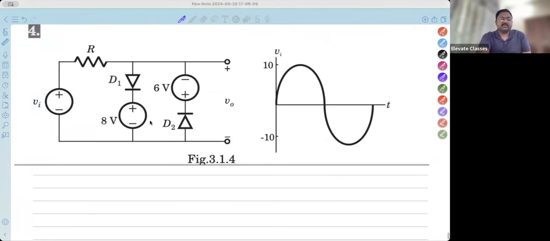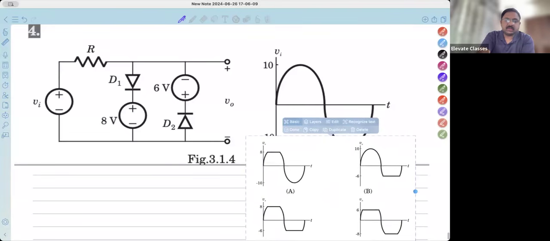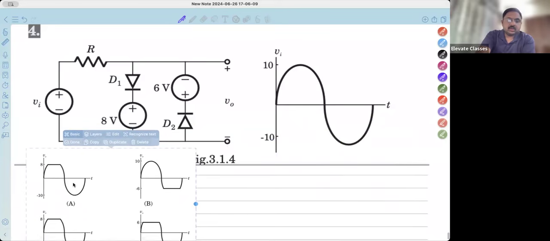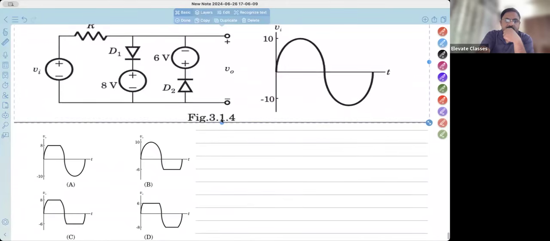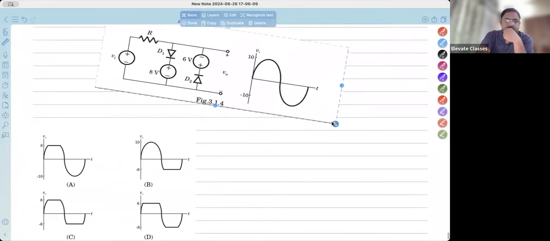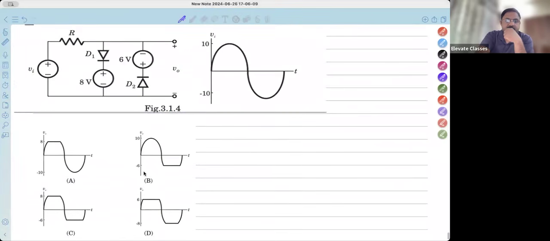Oh, 1 minute. I didn't give you the options. Anyways, the options are not super important, but still, I'll paste them on the screen so you know. Yeah, this is the question, and these are the options.